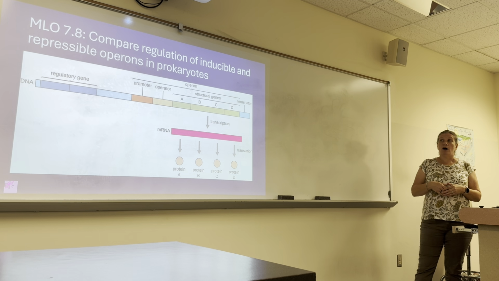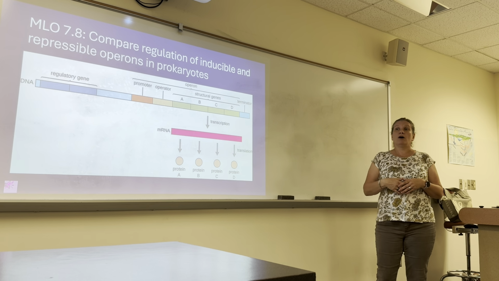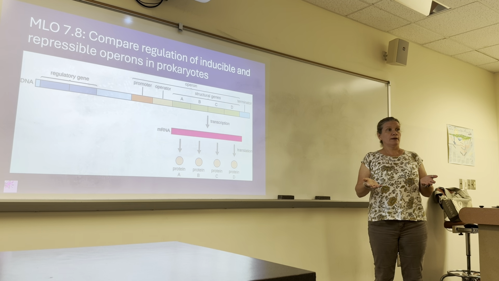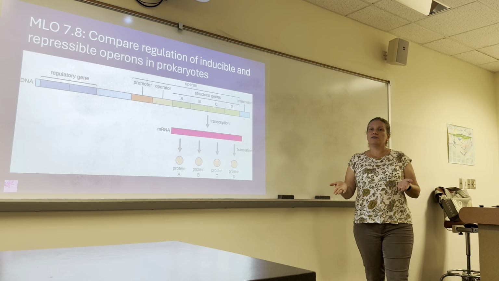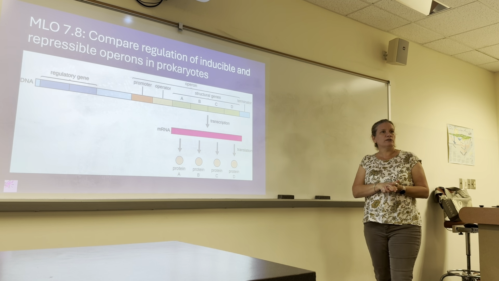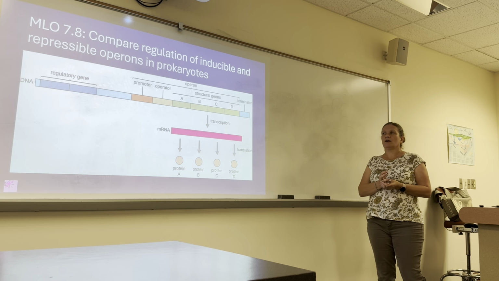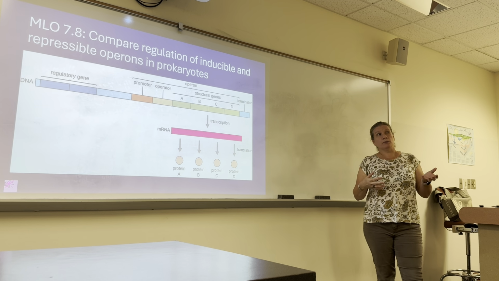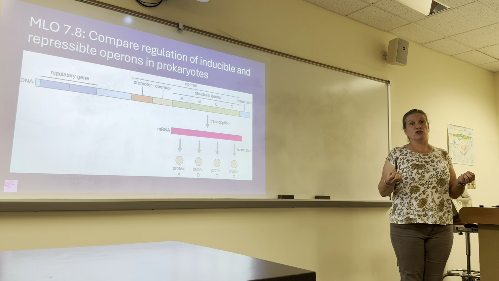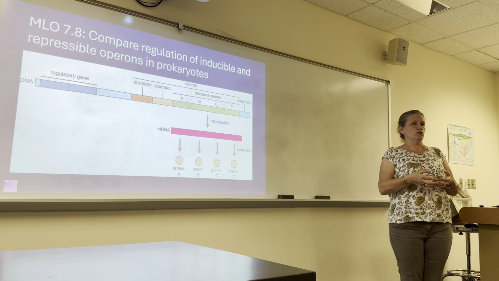A repressible operon is one which is normally turned on, but sometimes the cell needs to shut it off for a little bit. That's usually linked to an anabolic process. Okay, so it's similar to a feedback inhibition, but not on the protein level, but rather transcriptional control level.